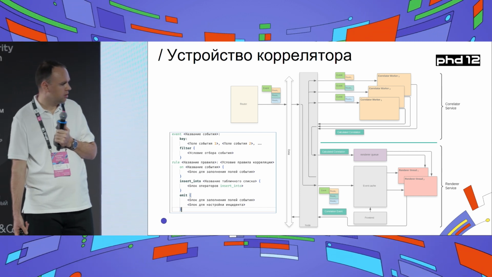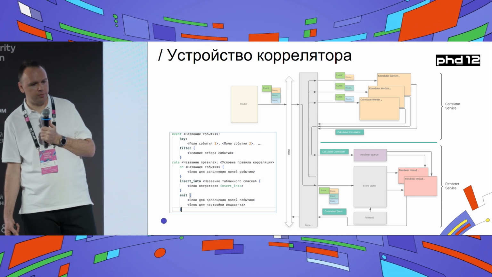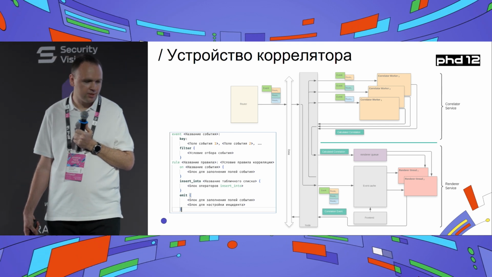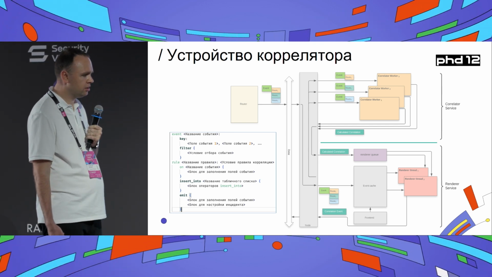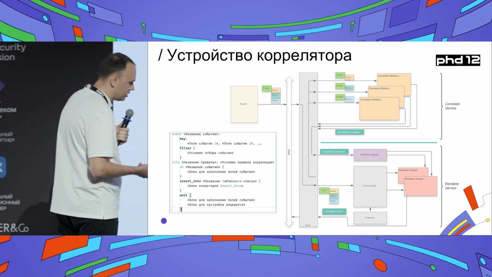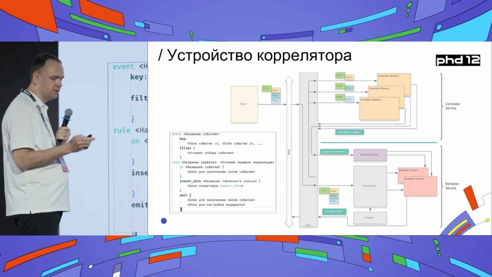And if the router and the correlator are normally separate processes, but in other products it could be one process that uses the same DSLs, the same rules.